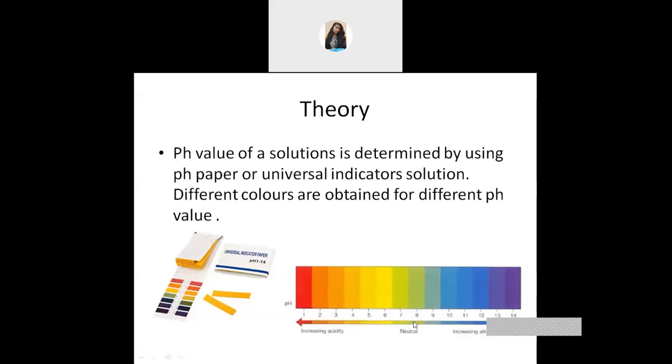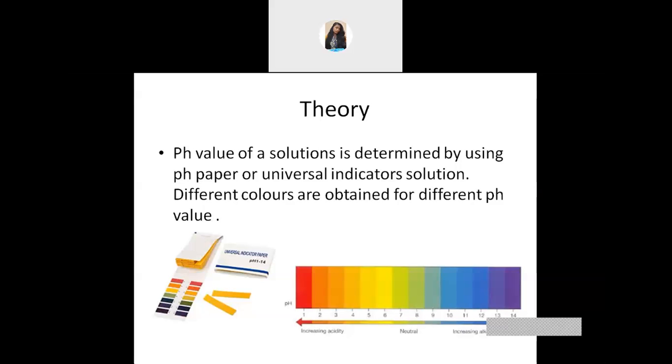When the pH value is above 7, the color changes to blue. So when you observe the pH paper turns blue, that means the solution is basic in nature, because a pH value above 7 means the solution is basic.